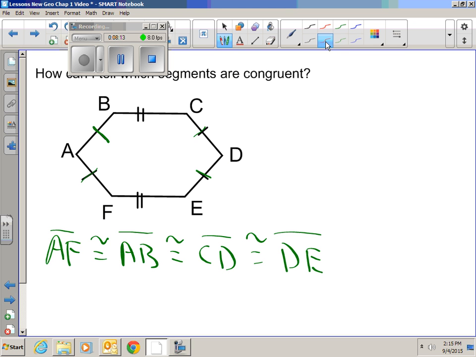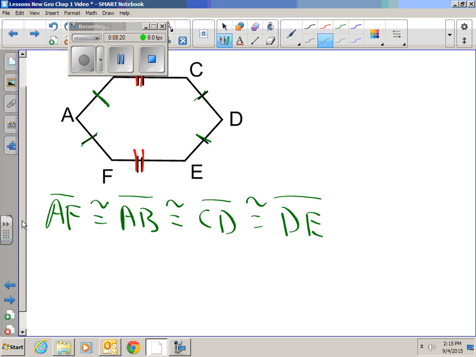Likewise, FE and BC are both marked with 2 tick marks, so therefore FE is congruent to BC.